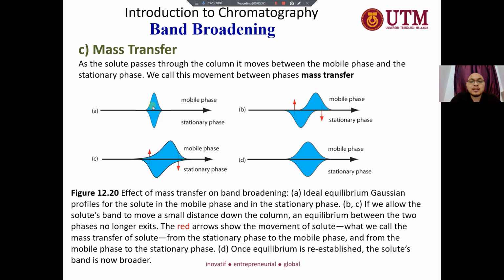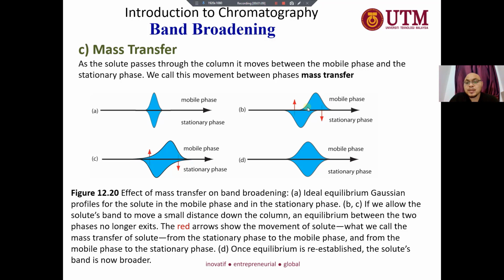So we can imagine that solutes in the mobile phase will try to move to the stationary phase, and solutes from the stationary phase will move to the mobile phase. In this figure, we have A, B, C, and D. If the mobile phase is faster, it can create differences in equilibrium.